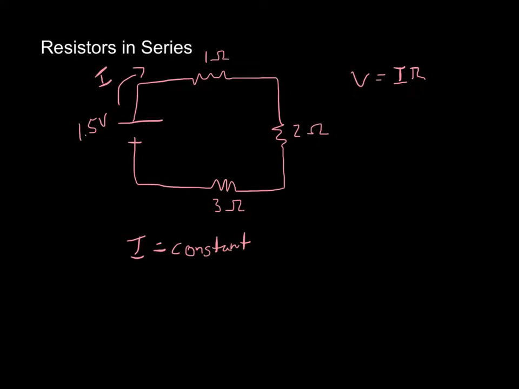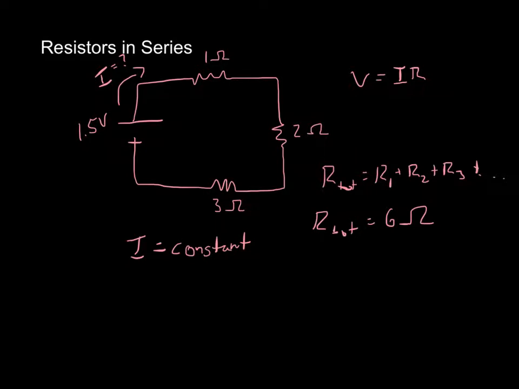But in order to analyze each one, what we would need is to figure out what current is flowing through this wire using Ohm's law. Well, to do that, what we need is a total resistance. In a series circuit, we can find total resistance simply by adding up all of our resistors. So the total resistance in this, and we could have more than 3, would be 1 plus 2, which is 3, plus 3, which is 6 ohms.